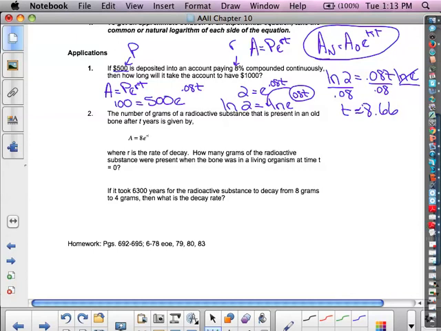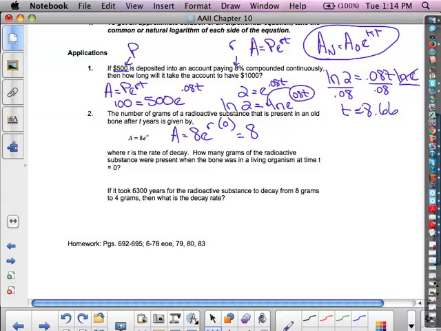How many grams of the radioactive substance were present when the bone was in a living organism, at t equals 0? So that means A is equal to 8 e to the r times 0. So that's e to the 0, which is 1, so the answer is 8.